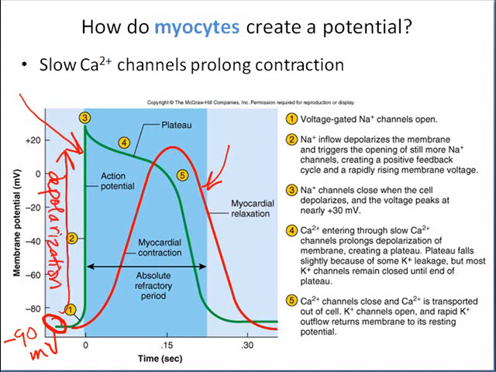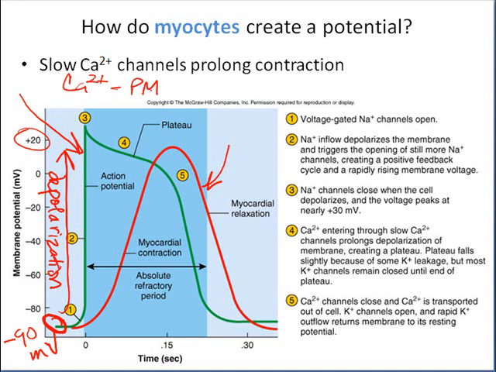Again, these are rapidly opening sodium gates. Sodium rushes into the cell, depolarizes, and gets up to around maybe +20 millivolts. And at this point, something unique happens that we don't see happen in skeletal muscle. What's unique is that a handful of calcium gates on the surface of the cell, on the plasma membrane, open up, and a little bit of calcium rushes into the myocyte.